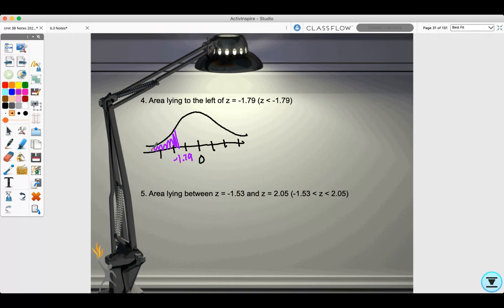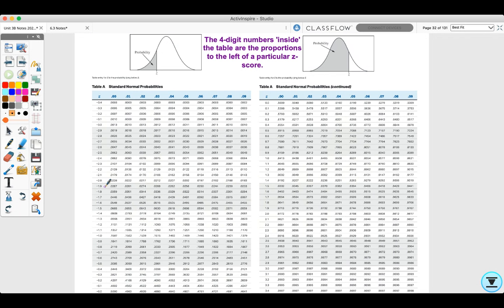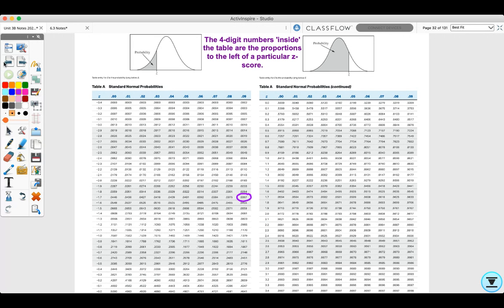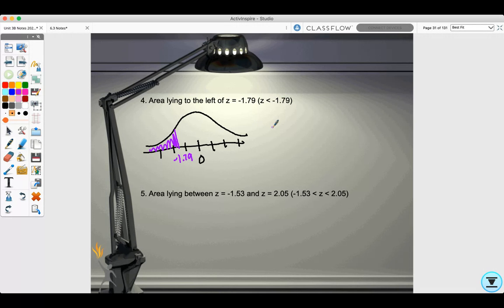Shade in my area, and it's the area to the left. So I'd go to my table, find negative 1.7, go all the way over to the 9, and I get 0.0367. So my answer would be 0.0367.